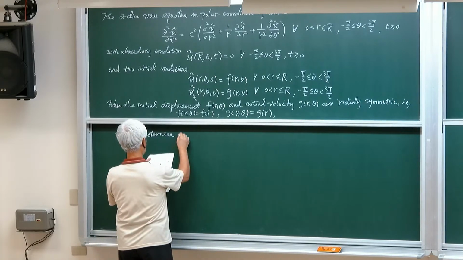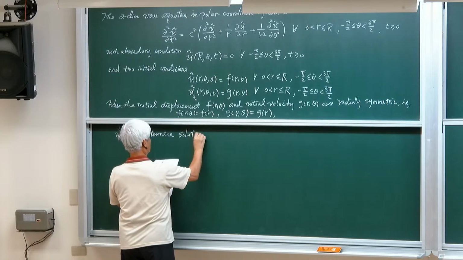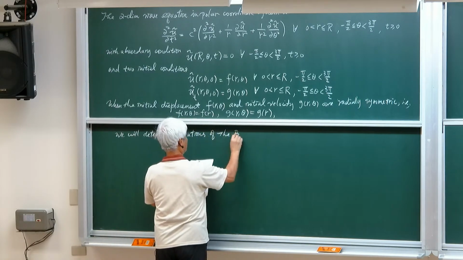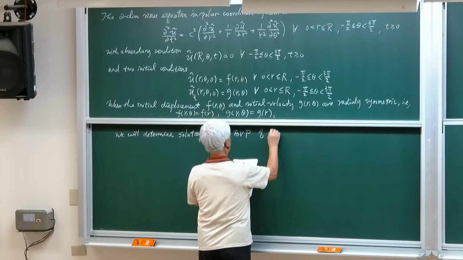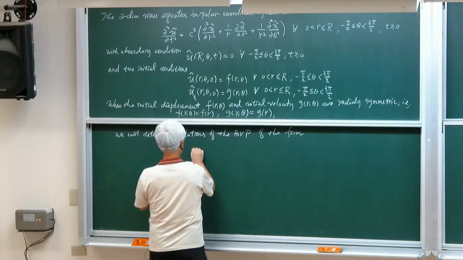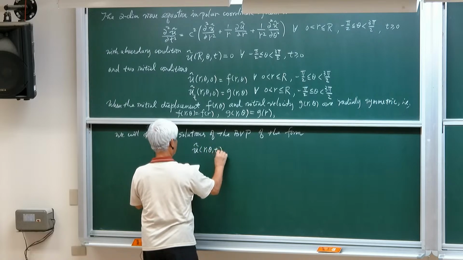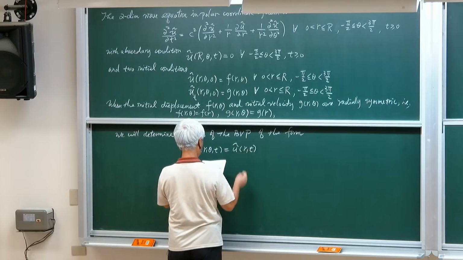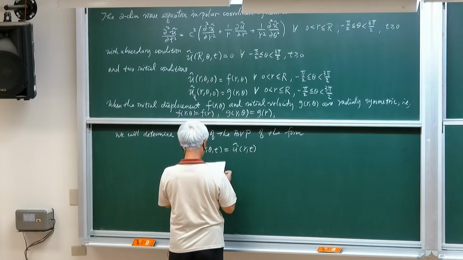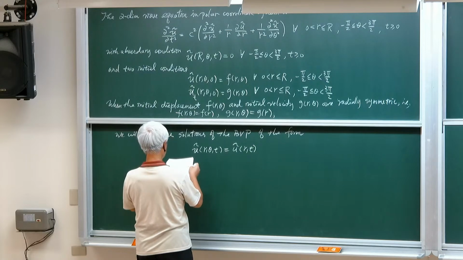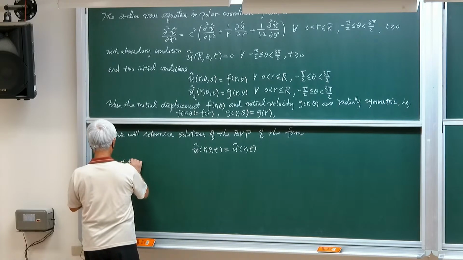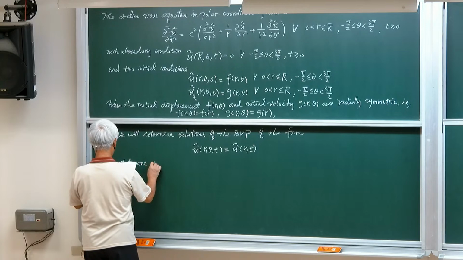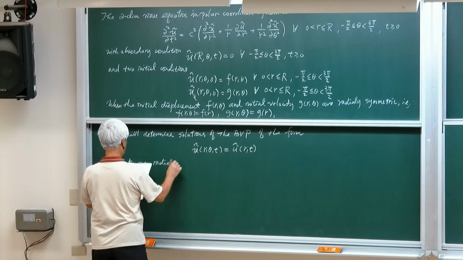So we will determine solutions of the boundary value problem of the form u(r, theta, t) equal to u(r, t) only, that are radially symmetric.